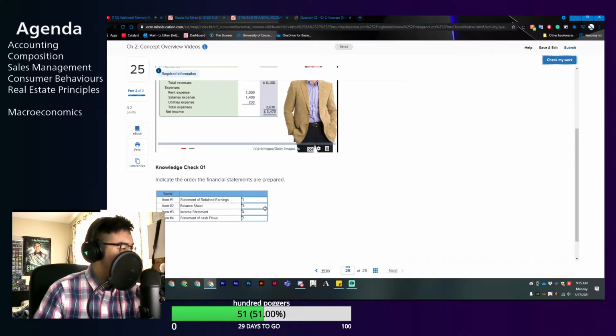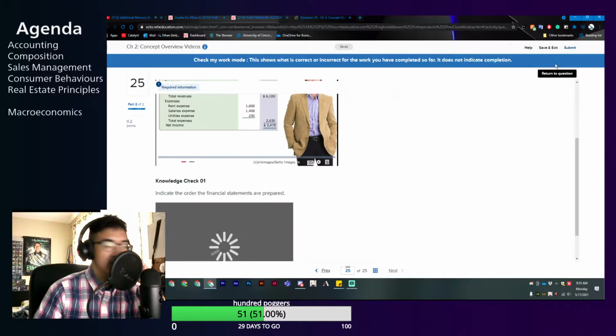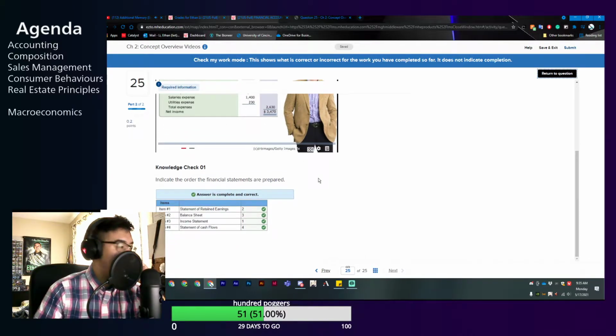Wait, what? So, that doesn't make sense. The income statement wouldn't be first. And we already know that's not. Alright, well this is me entirely guessing. Oh, okay. Apparently income statement is done first. Income, then retained earnings. Huh.